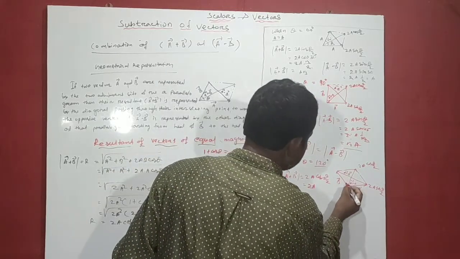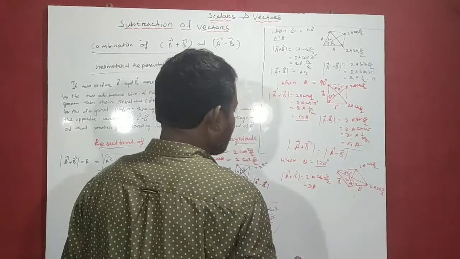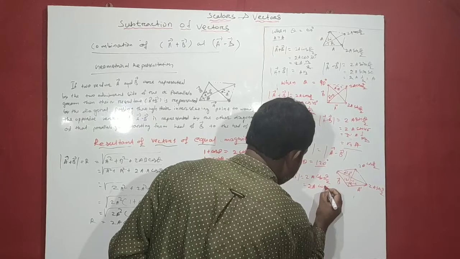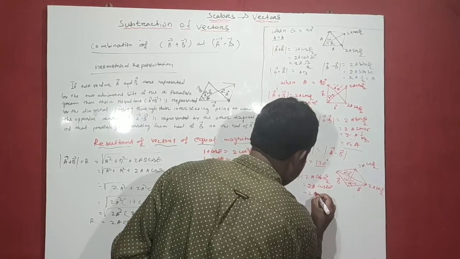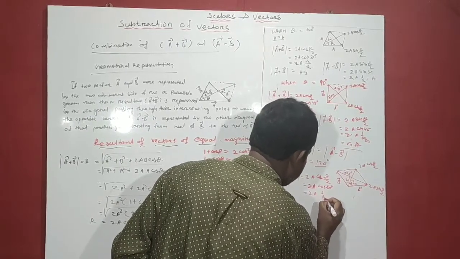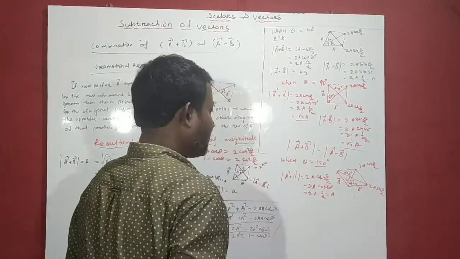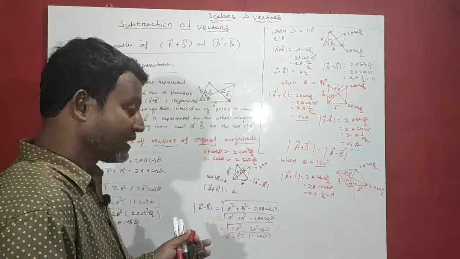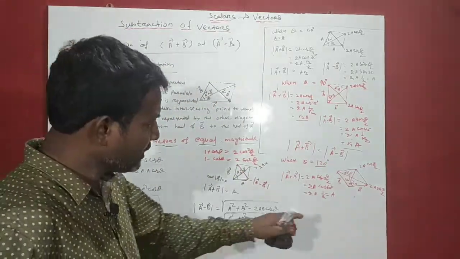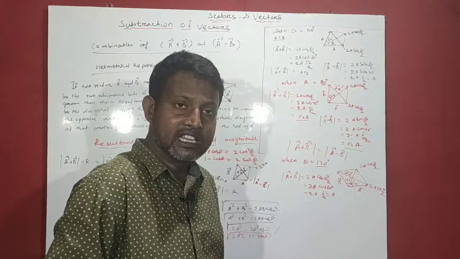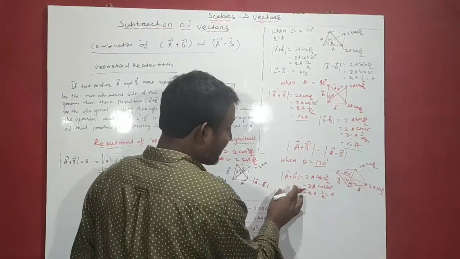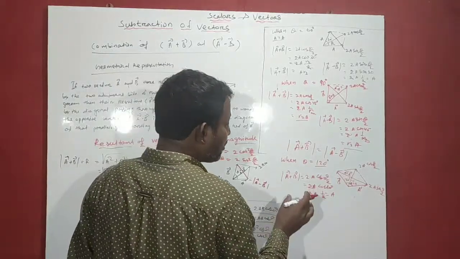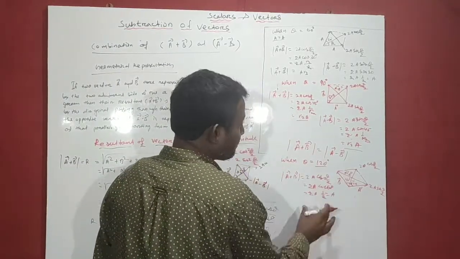The angle theta is 120 degree, so cos theta by 2 is cos 60 degree, and 2A cos 60 degree is equal to half times 2A, that is equal to A. That means when the angle between two vectors having equal magnitude is 120 degree, then the magnitude of the resultant is equal to the magnitude of each vector.